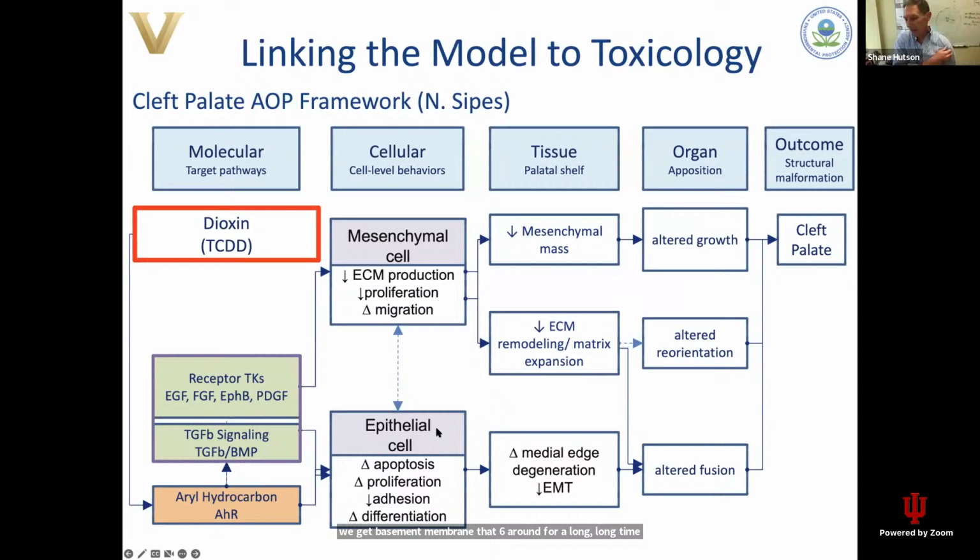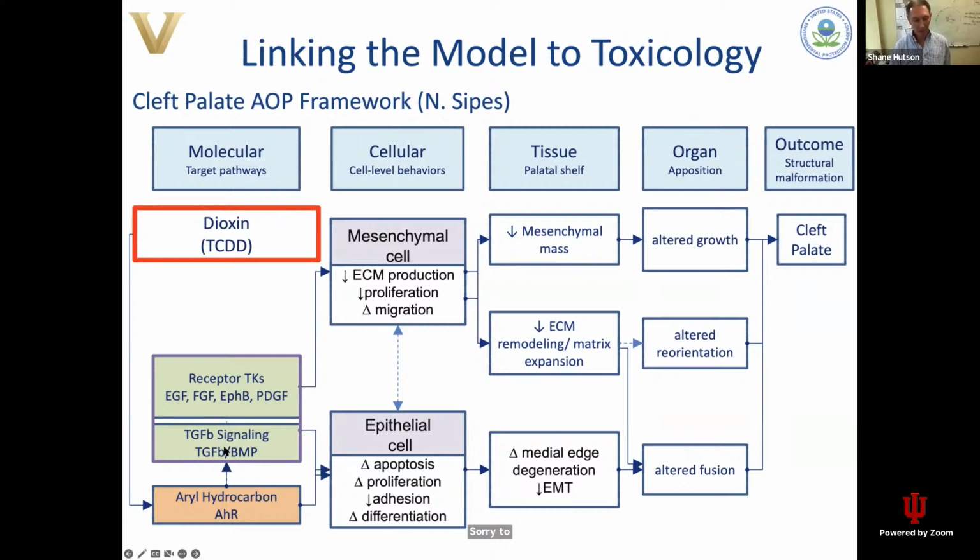And thinking about linking this to toxicology, I'm going to give you the one example of dioxin here. So dioxin is this big, very hydrophobic molecule. It binds very strongly to the aryl hydrocarbon receptor. And what's known about the biology is that it tends to decrease the TGF beta signaling.